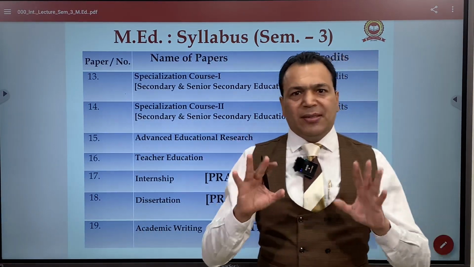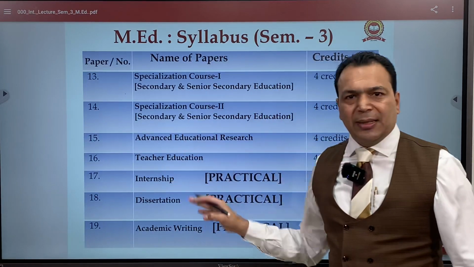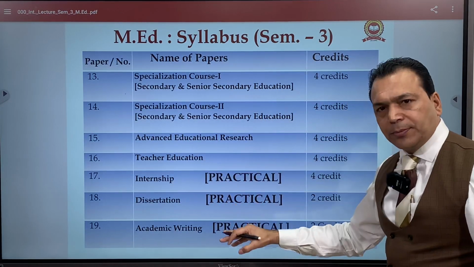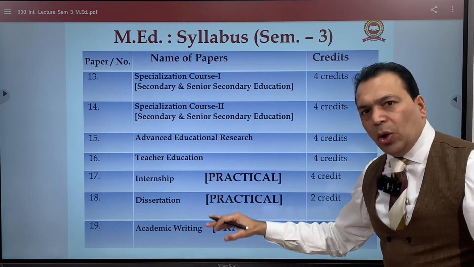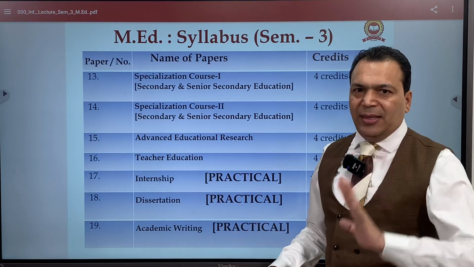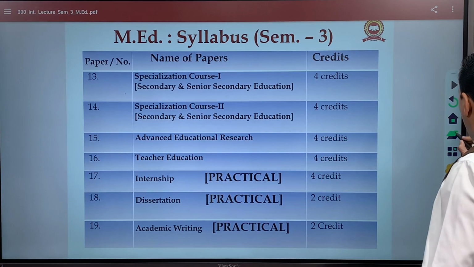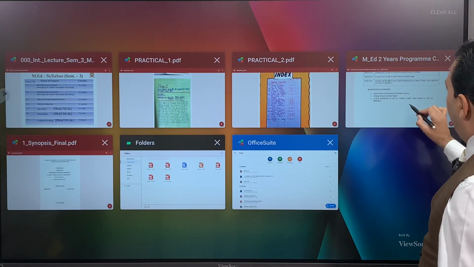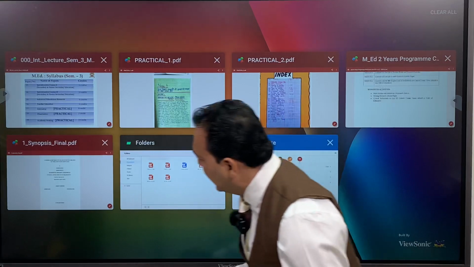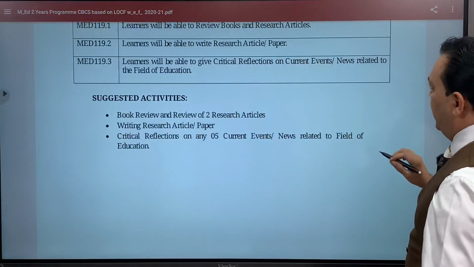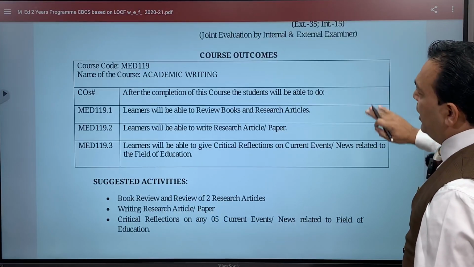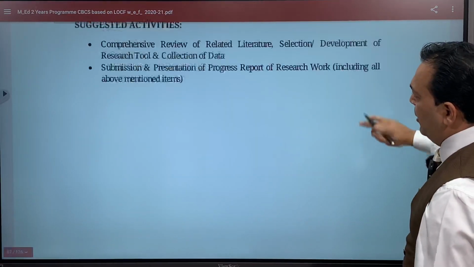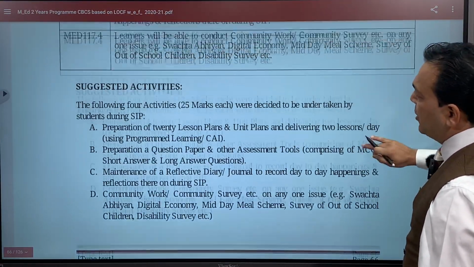First we see the syllabus. What are the contents of all the 3 papers? I'm going to open the syllabus file. I have already opened all the files so that it would be easier and you can directly go to the practical part. So guys, this is the syllabus of the practical file.